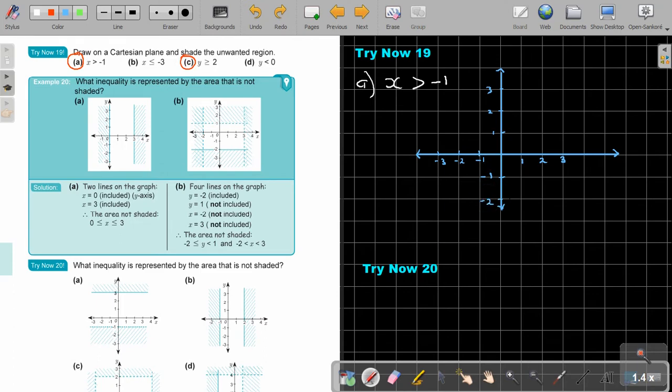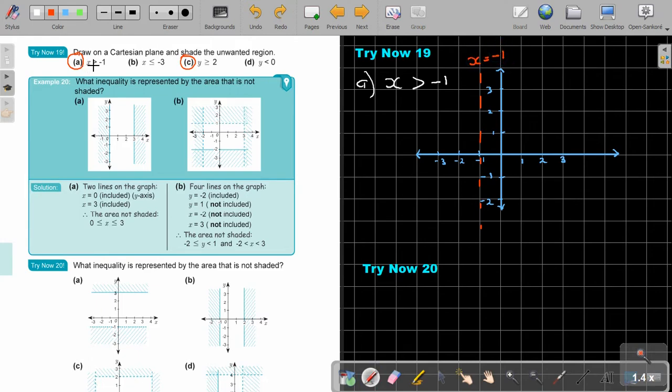Okay, I'm going to draw A and B on this Cartesian plane, but you can do separate ones. So it must cut the x-axis and it must cut at negative 1. But remember, there's not an equal sign. And if there's not an equal sign, it will be a broken line. So this will be the line x is equal to negative 1.